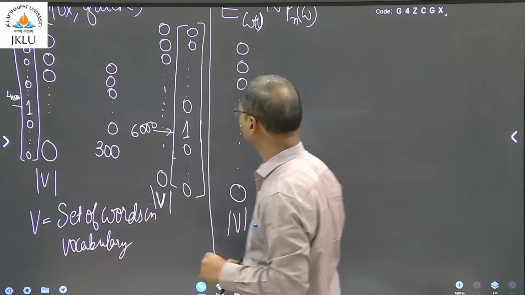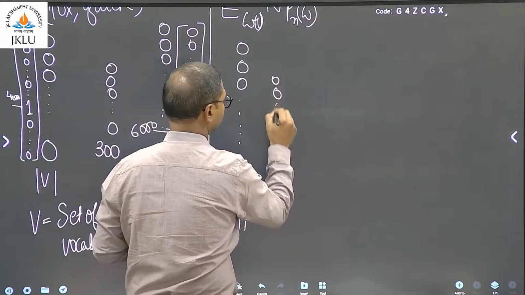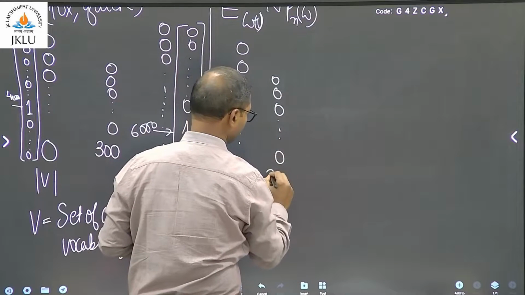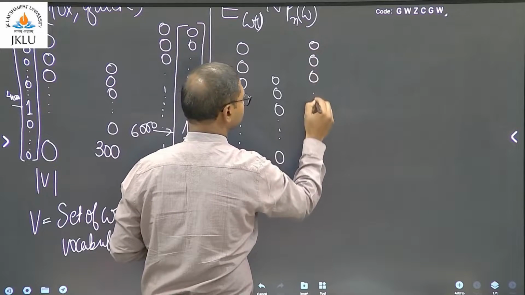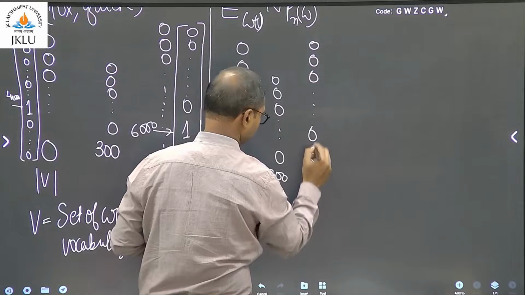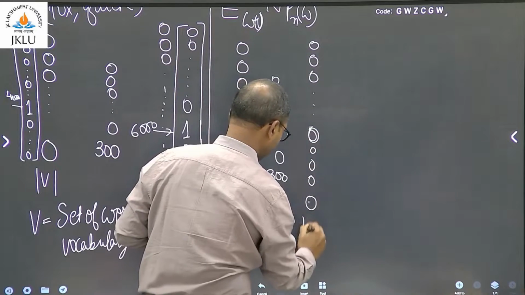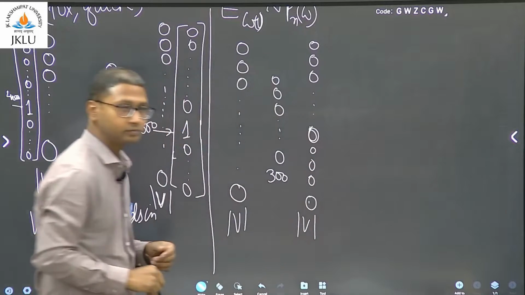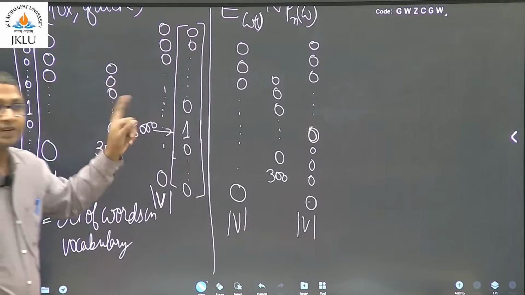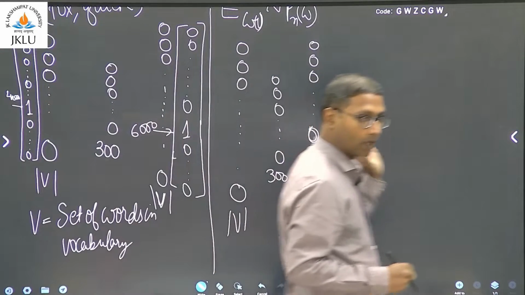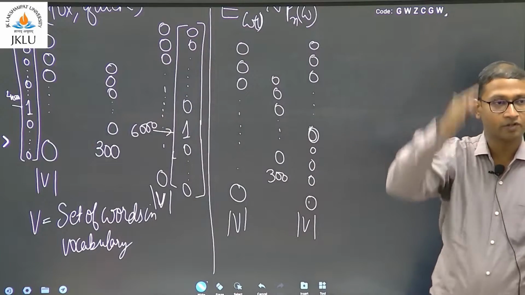So mod V, what will be there in the next? 300 again. This is by choice. We want it to be 300. And this is mod V again. So whatever we did yesterday, how did we change this softmax to a combination of logistic regressions?